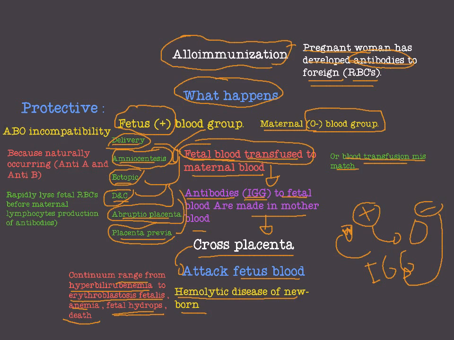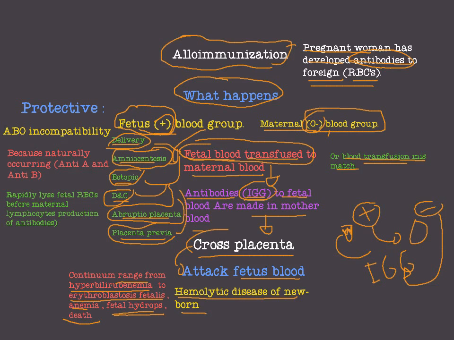So it starts with a fetus with positive blood group and maternal negative blood group. In some way, the fetal positive blood is transfused to the maternal negative blood group, and the maternal defense forms IgG antibodies against the fetal positive blood group.